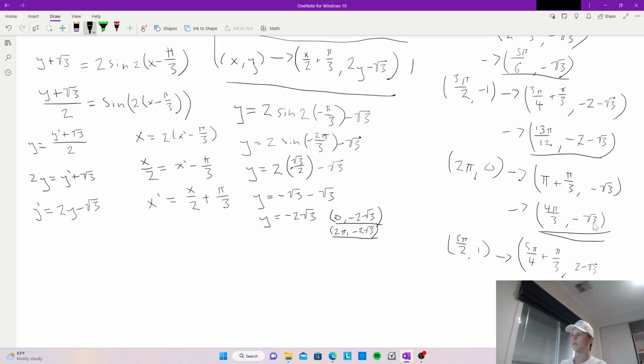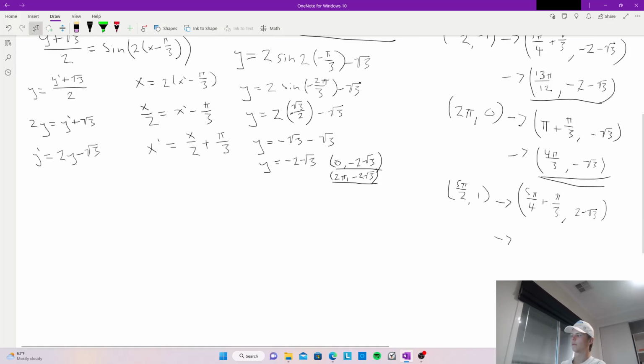I think that we only really get 2 maximum points in this entire graph, so we don't really have time to find a pattern, I guess. And that'll give us another larger value.